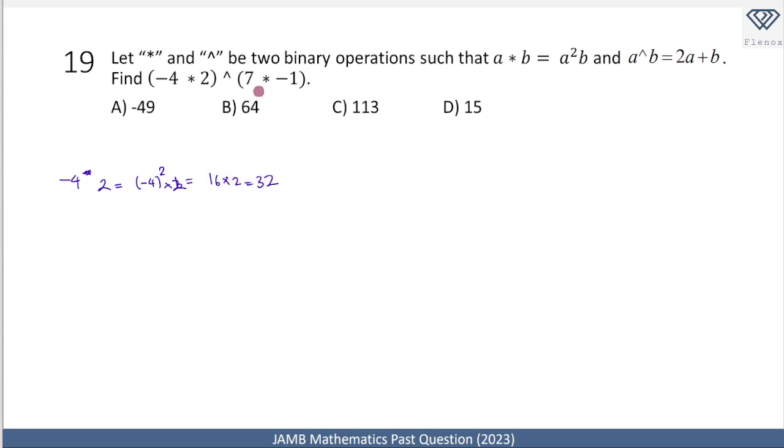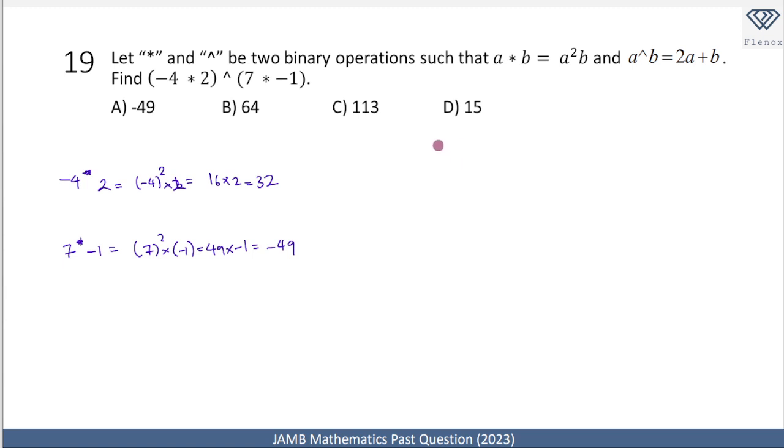Now let's apply it to the second one over here. So we have 7 star minus 1, and that becomes a squared, which will be 7 squared, times b, which will be minus 1. 7 squared is 49, that will be 49 times minus 1, and that is minus 49.